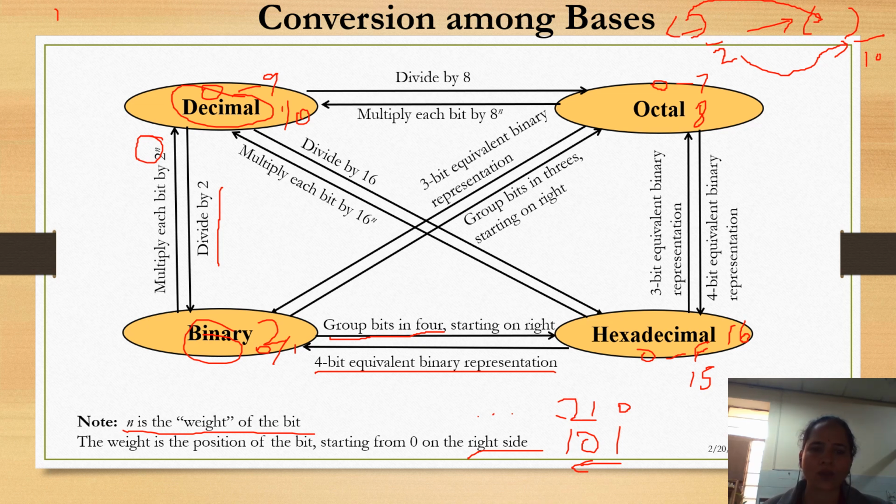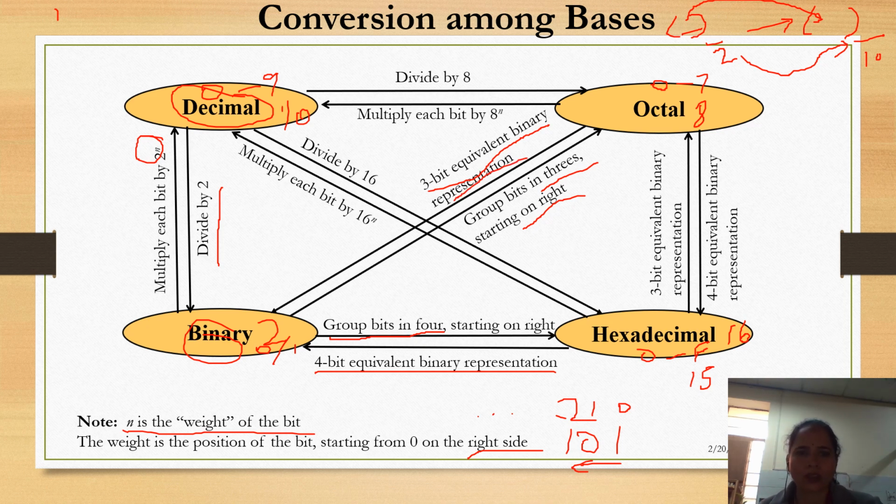In the same way, to convert binary to octal, we group the bits into 3 starting from the right side, whereas for octal to binary, we take the 3-bit equivalent binary representation.